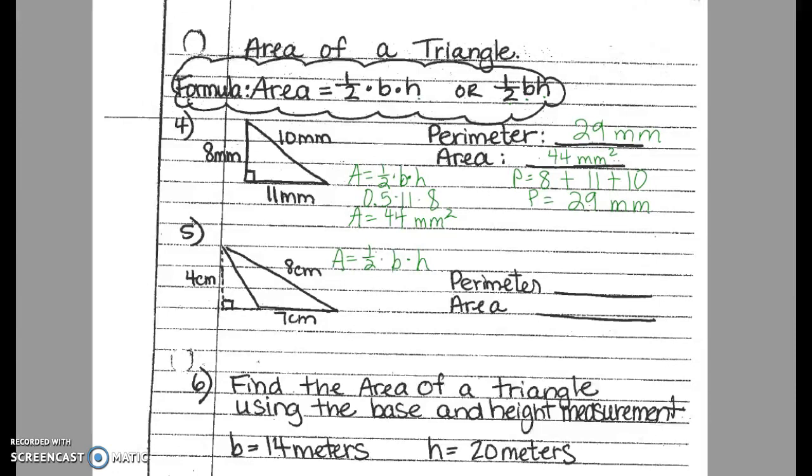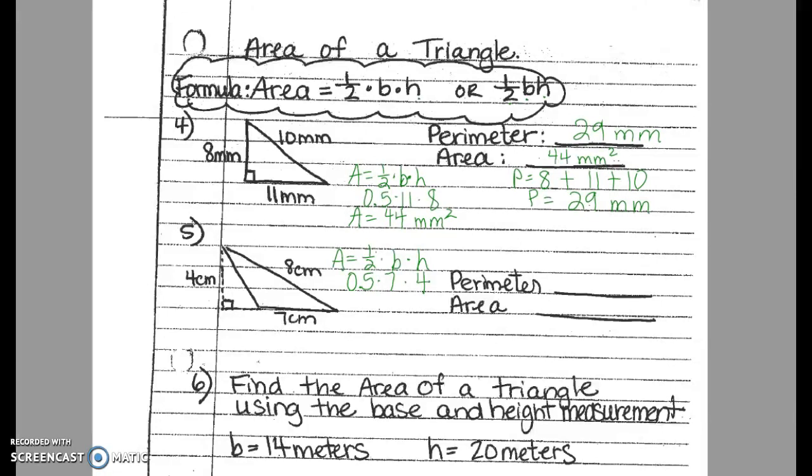That's scary. All right, so now underneath here, 1/2 is what as a decimal? 0.5. What is the base of this triangle? 7. Remember, 7's at the bottom here, holding that up. What is my height? Remember, the height goes from the base to the very top of the triangle. 4 centimeters.